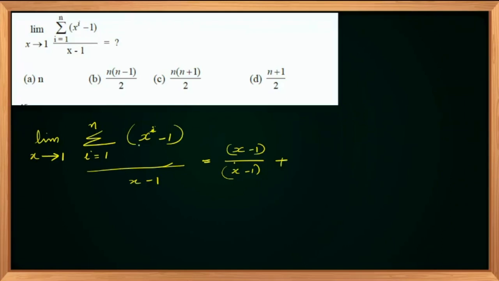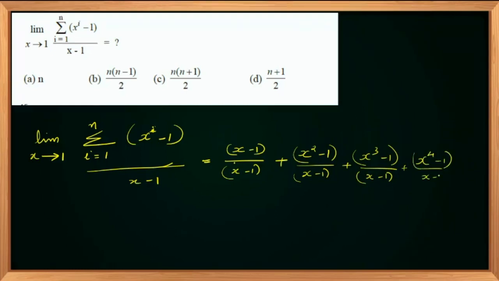Now in this numerator summation, when I put i equal to 2, that will be (x^2 - 1)/(x - 1) plus the third term (x^3 - 1)/(x - 1) plus the next term (x^4 - 1)/(x - 1) plus so on, up to (x^n - 1)/(x - 1), and all with limit x tending to 1, right?